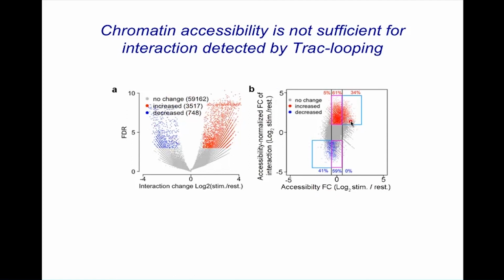As you can see on the top, the red dots, about 34% of regions, show both increased accessibility and increased interaction. But the vast majority, 66%, show only an increase in interaction, but not in accessibility. This suggests that chromatin accessibility alone is not sufficient for the chromatin interaction detection by Trac-looping.